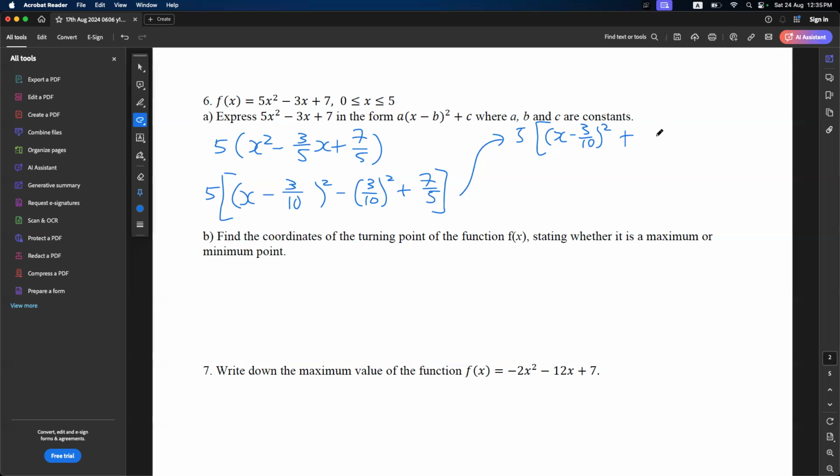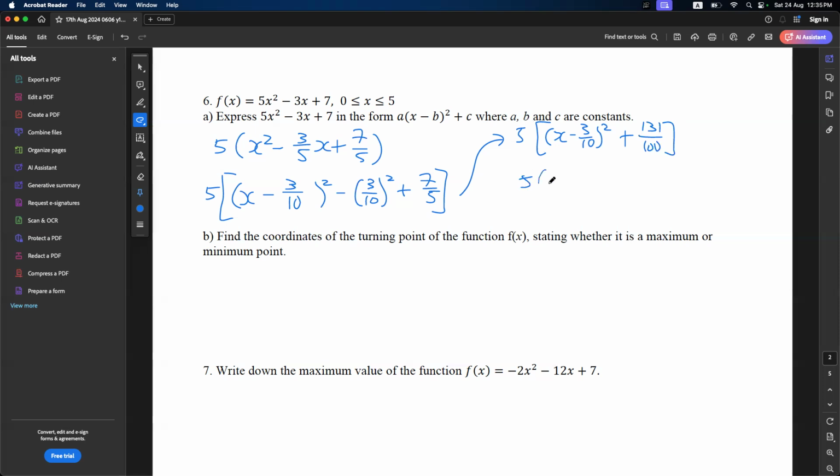Wait, hey, give me back my calculator. How can you get it in 131 over 100. Okay.